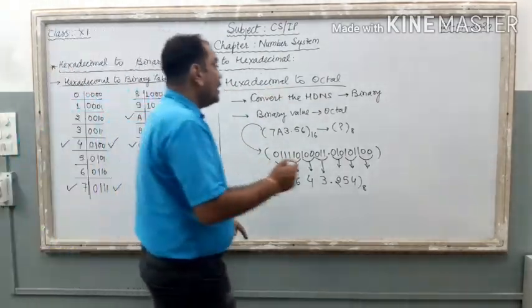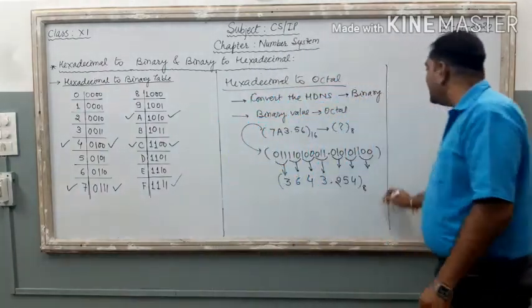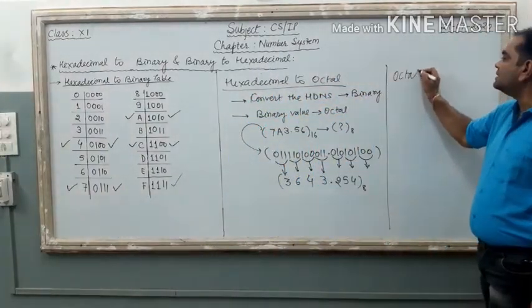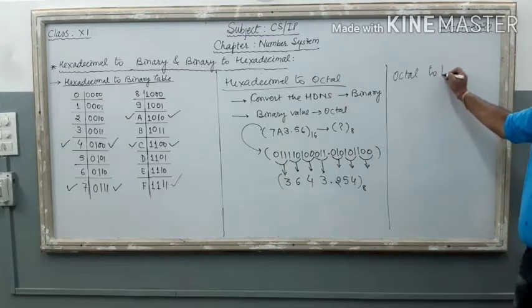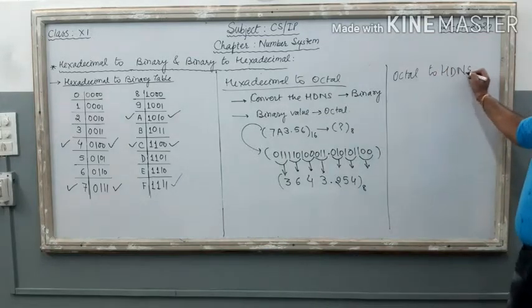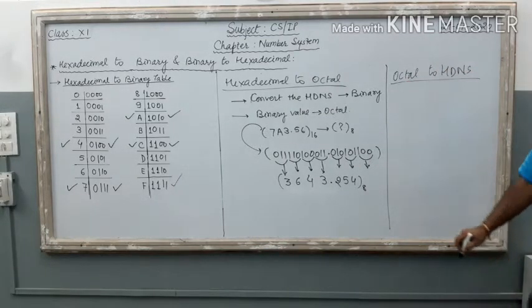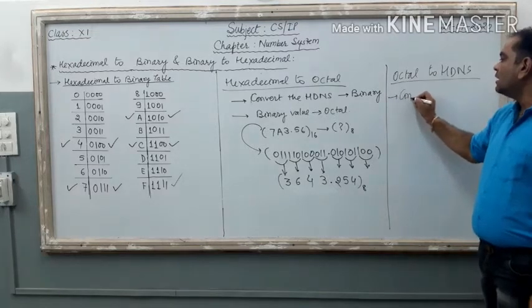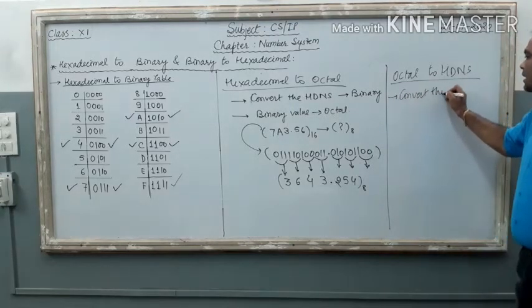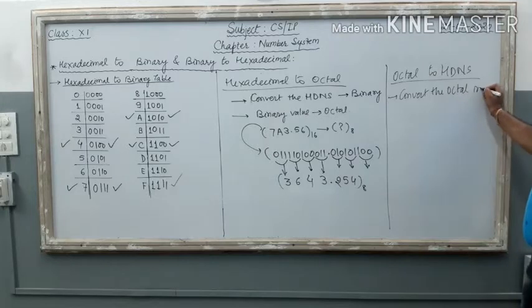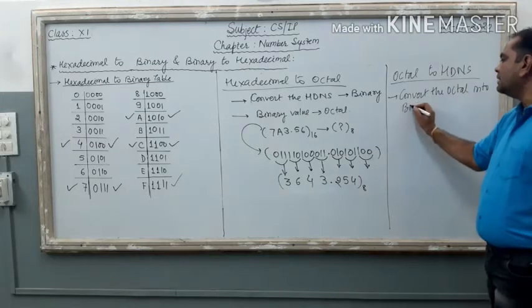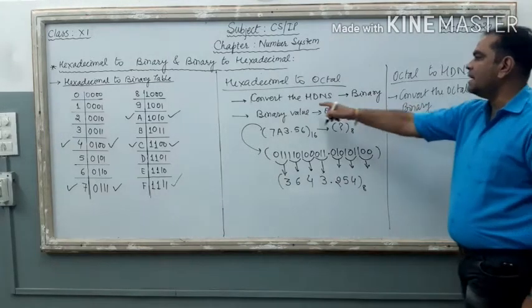Now if the question is related with octal to hexadecimal, then what can you do? Octal to hexadecimal number system. Same process. The first one, convert the octal number into binary. Clear? Here the same process.